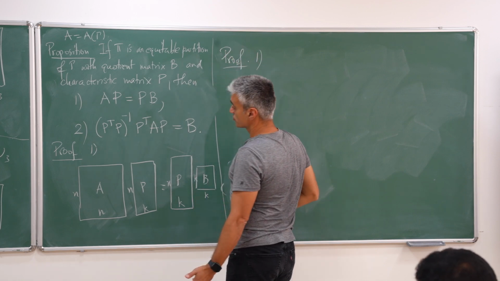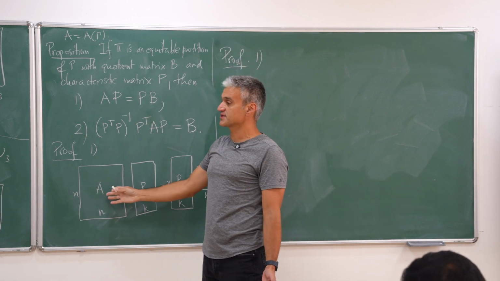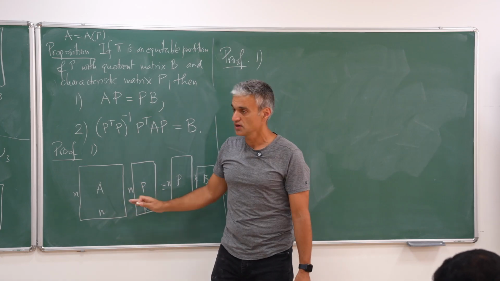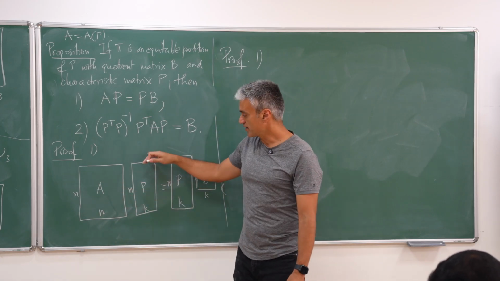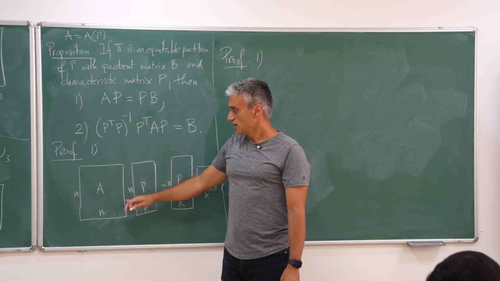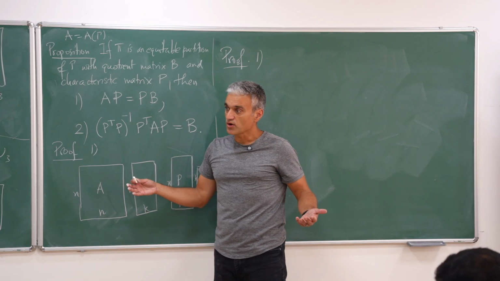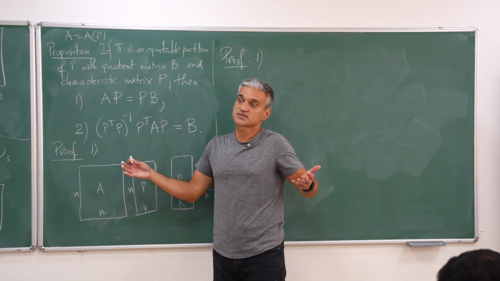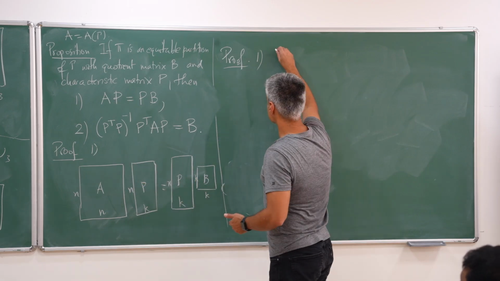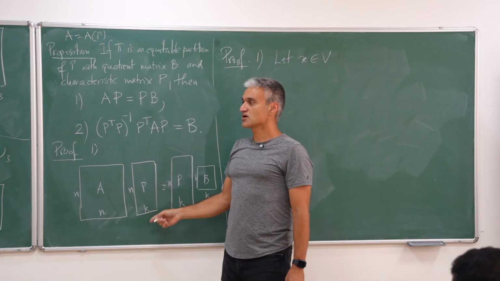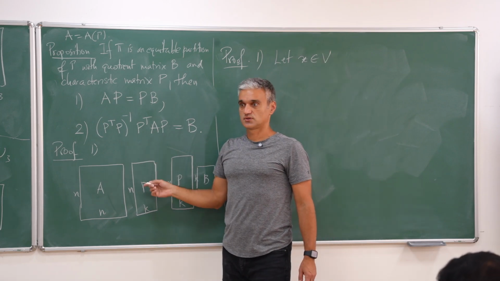So what do we want to do for one? We want to figure out what an entry is here. Now, when you calculate this matrix product, you take a row of A, you multiply it by a column of P. What does a row of A correspond to? To what kind of object? A vertex in the graph. So I will take a vertex in the graph, let X be in V. Now, what does a column here correspond to?